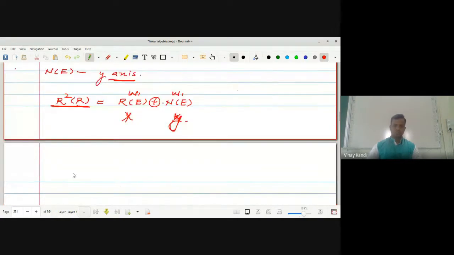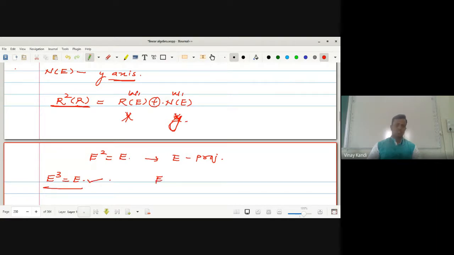Okay, for example, we know we have E square is equal to E, then E is a projection. Then to trick you in the exam, they may ask: E cube is equal to E, then is E a projection? Yes, it is a projection. How? Let us consider E cube.